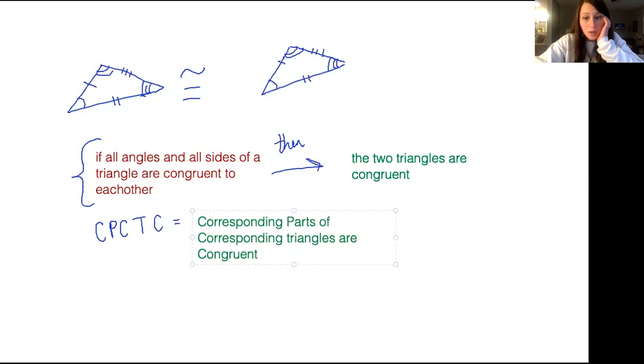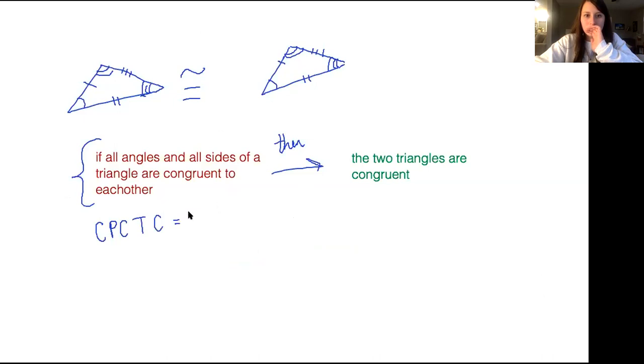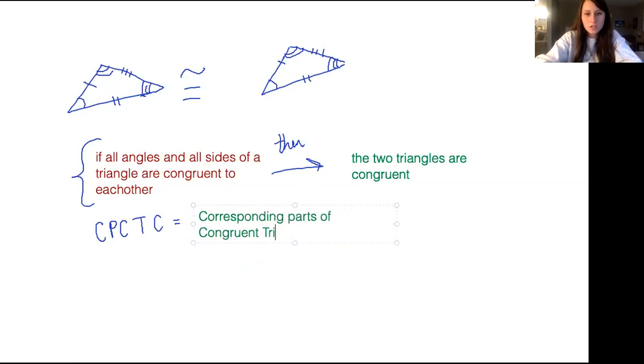Sorry, corresponding parts of congruent triangles. Let's write that again. Corresponding parts of congruent triangles are congruent. Okay, so really what that's saying is, if all the corresponding parts of the triangles are congruent, then the triangles are congruent.